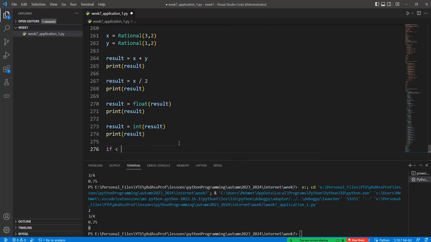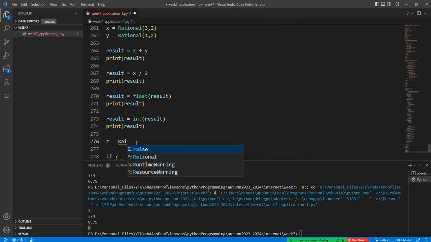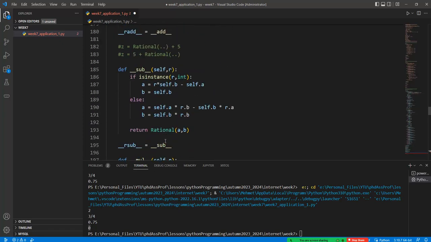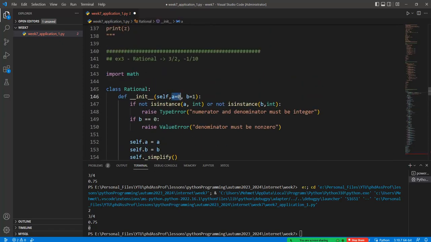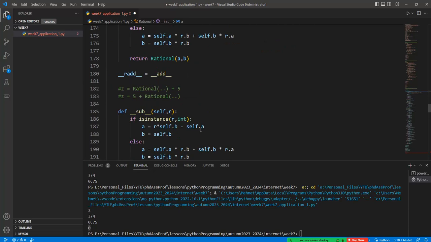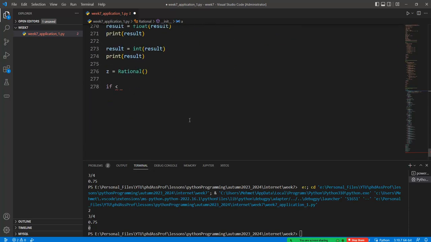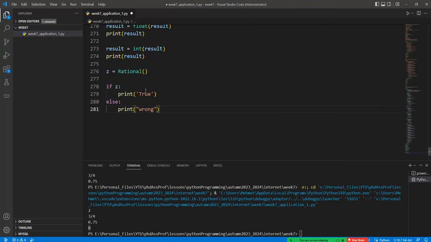Or if we have this z value here, like this one, where z is equal to the rational number with empty parameters, when the empty parameters are given, this is the default constructor. a is equal to 0, b is equal to 1, which means that 0 divided by 1, which means that it's equal to 0, okay? And so this z can be assigned to the true value, or the print of the wrong value in the other case.